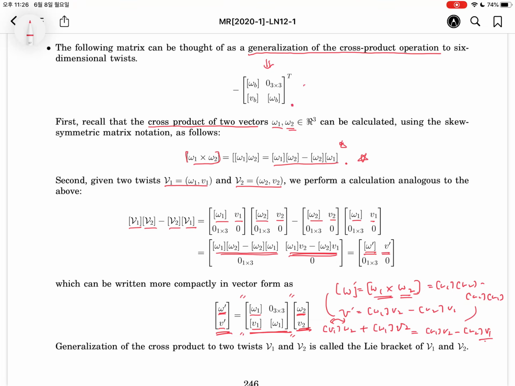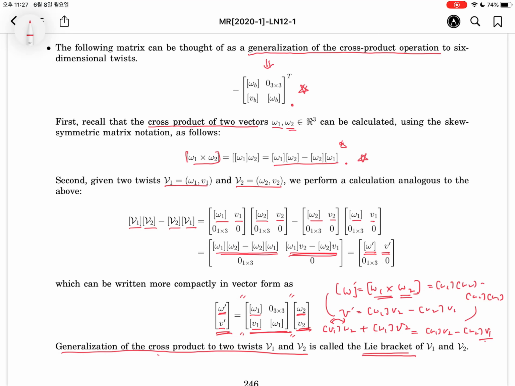It is the generalized form of cross product operation between V1 and V2, two twists. Okay, actually this generalization of cross product of the two twists V1 and V2 is called the Lie bracket. Okay, Lie bracket of V1 and V2.